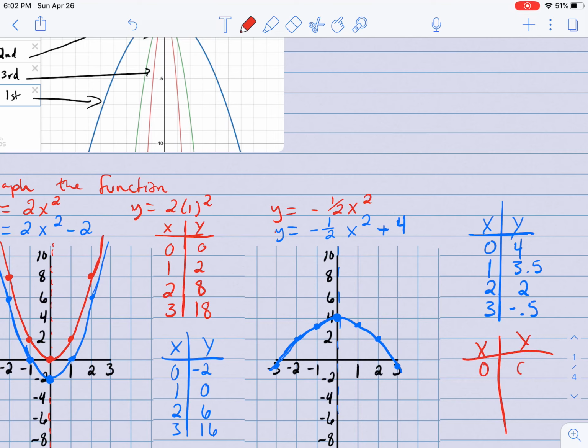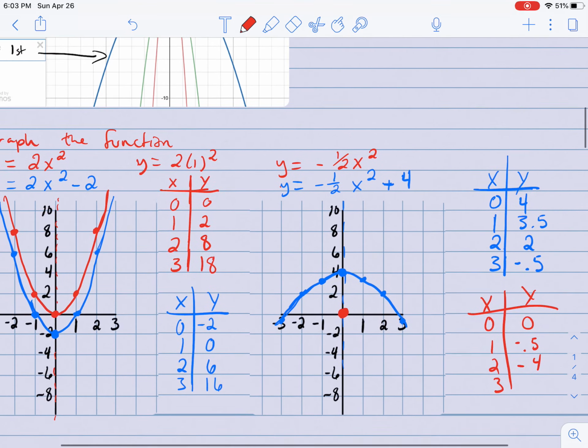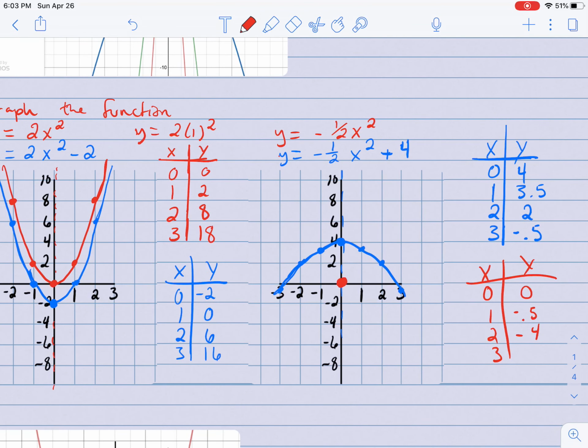When x is 0, it's going to be 0. So there's no c value, so our vertex is at 0, 0. And then when x is 1, 2, and 3, for 1, now we're just going to get negative 1/2, so negative 0.5. Then when it's 2, sorry, not negative 4.